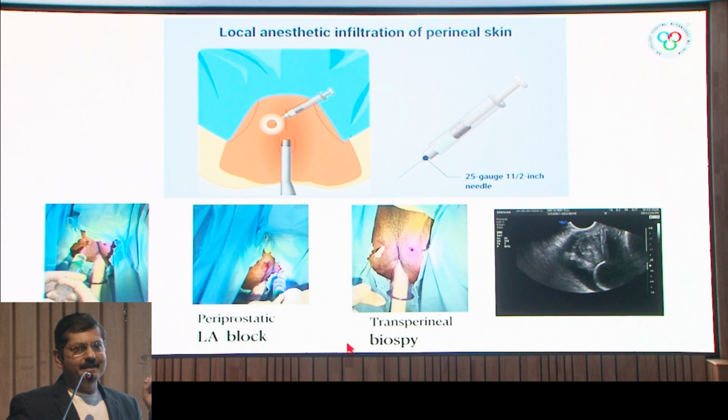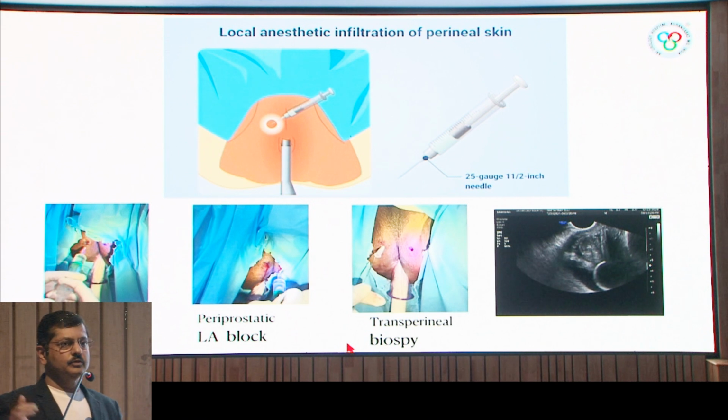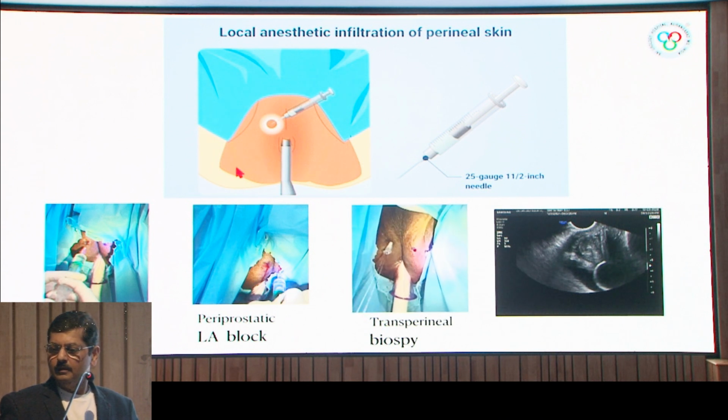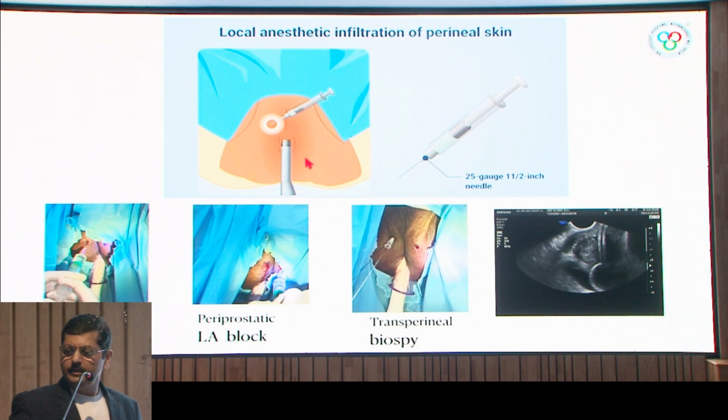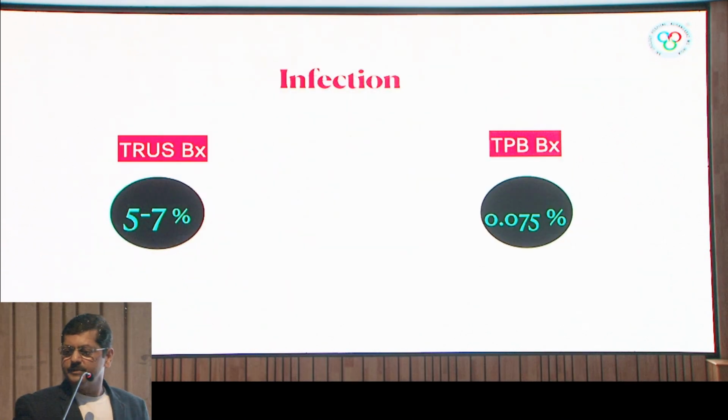You take a 23 gauge long spinal needle, and you can just give a periprostatic block so that both sides of the prostate, the right lobe and the left lobe, get blocked. And then you place a 16 gauge or a 14 gauge needle, and through that you introduce your biopsy gun.